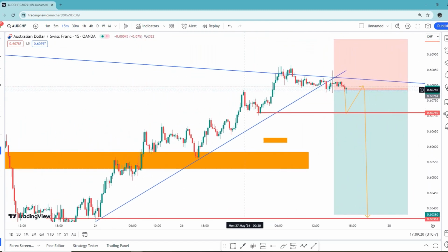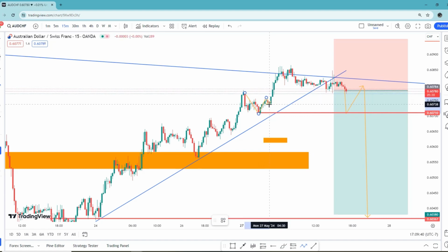So the reason why I put the zone around this area right here, you need to understand that this is another strategy, bro. All right, the market came to this point here, and then came all the way to this point and gave us this move. I'm trying to break down the way the market has been moving.